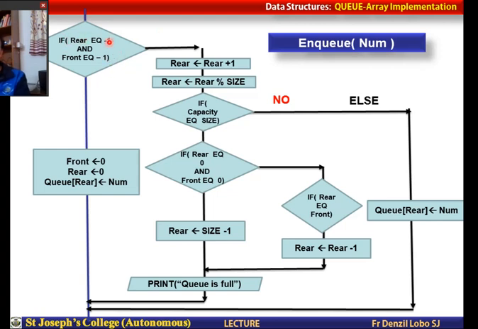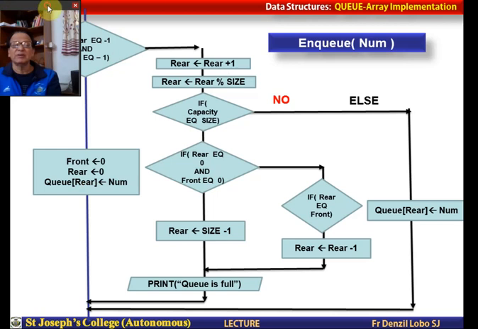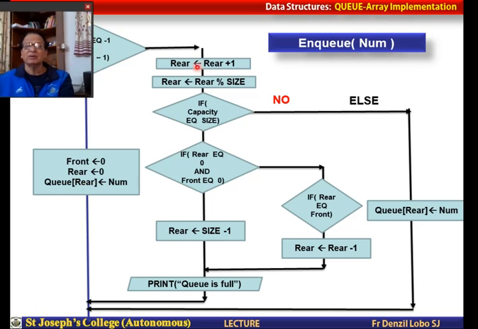If rear is equal to -1 and front is equal to -1, naturally, as I said, you initialize both of them to 0 and then insert this number at the rear. Always the inserting of a number is done at the rear. Otherwise, what you do is increment the rear and find the next position.